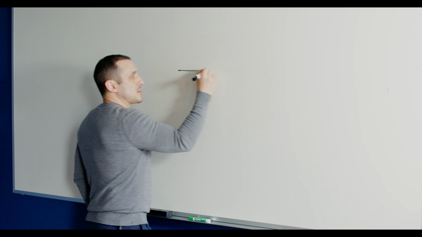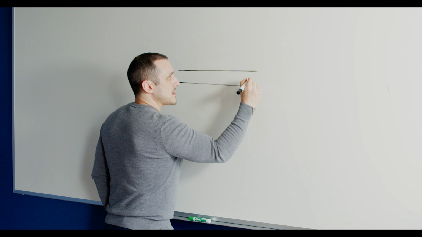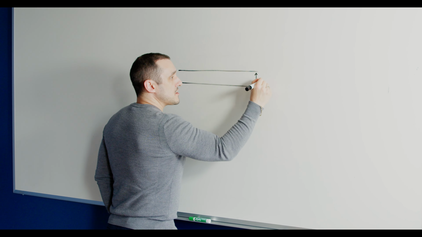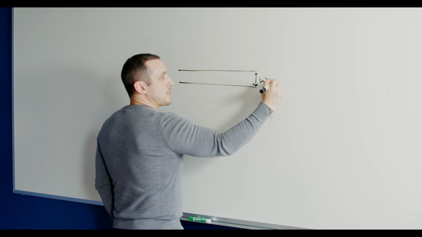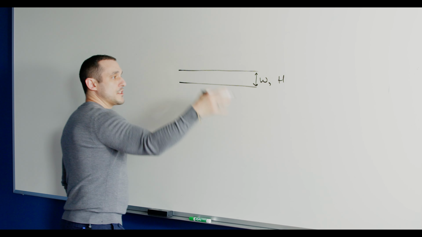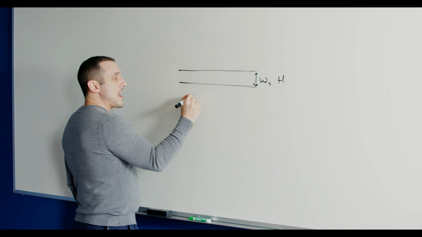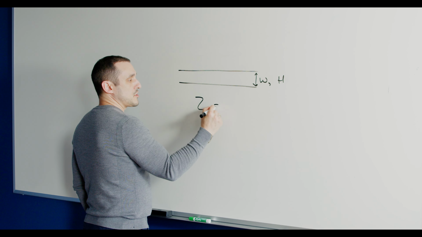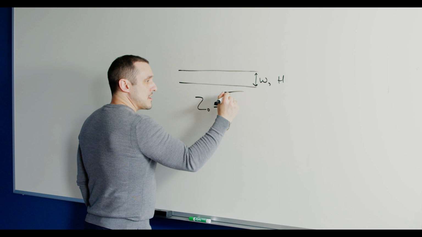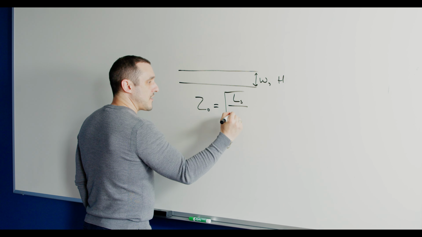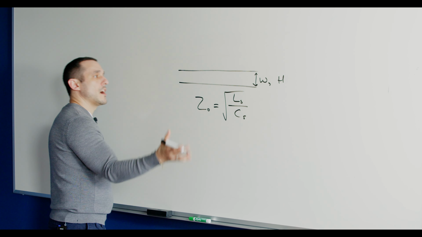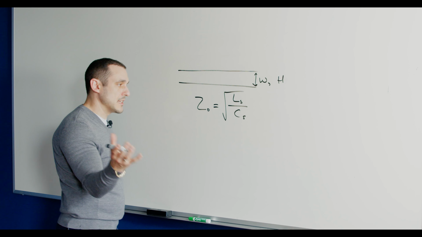So when you have a transmission line, I'm just drawing it out like this, and let's say the width here is W. There's going to be also some thickness of the substrate beneath this transmission line. Now, the characteristic impedance of this transmission line is very simple. This is just the self-inductance divided by the self-capacitance of this line. Okay, so this is the lossless impedance.